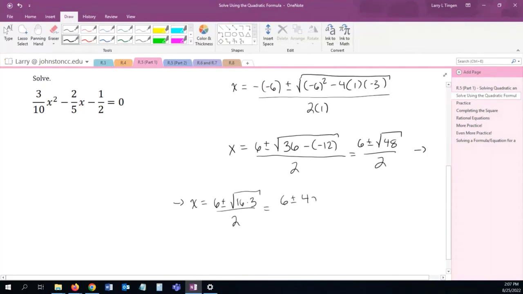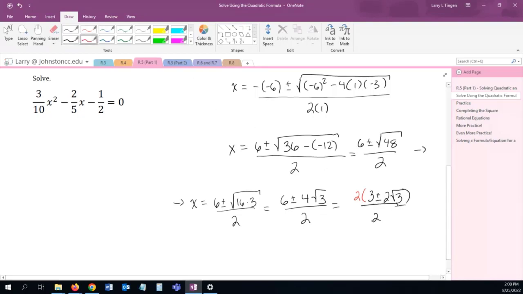The square root of 16 is 4. And then all 3 terms that are left have a 2 in it, right? That 6 is divisible by 2, this 4 is divisible by 2, and this 2 is obviously divisible by 2. So I'm going to factor out the 2 in the numerator. That's going to leave me 3 plus or minus 2 root 3 divided by 2.